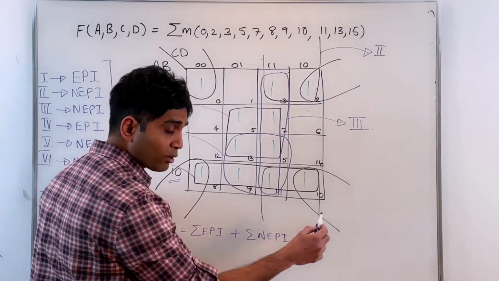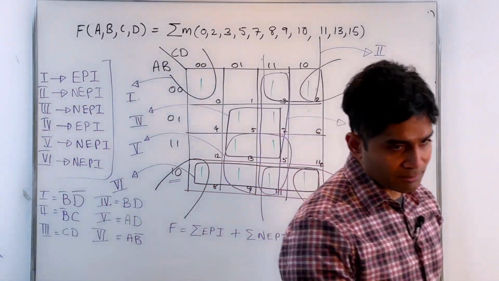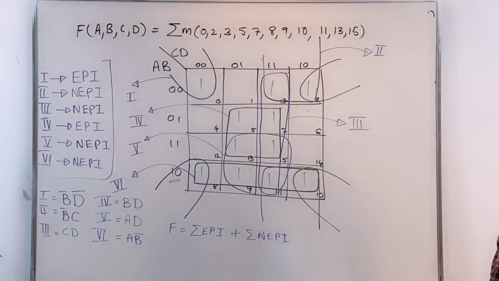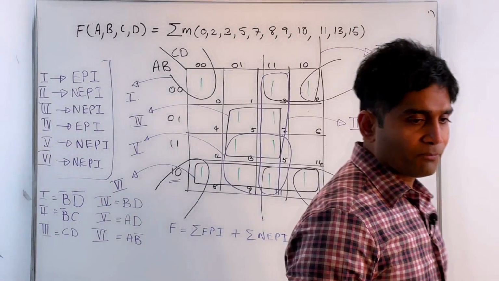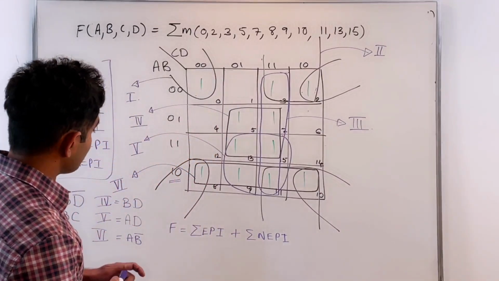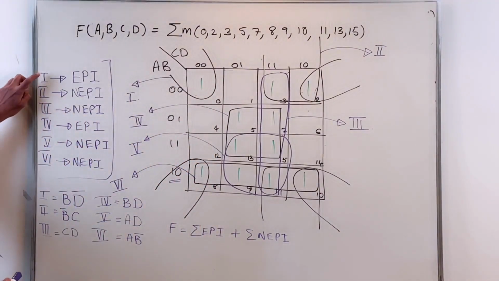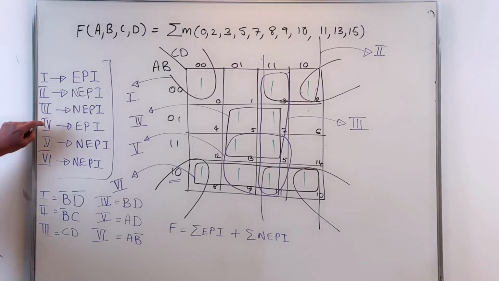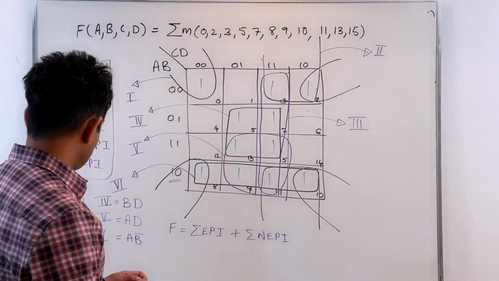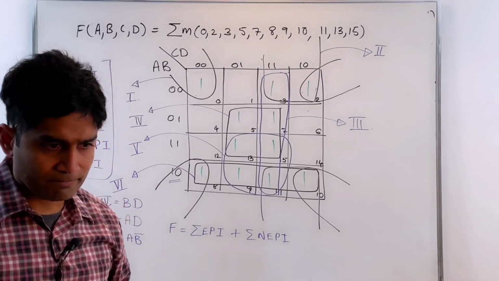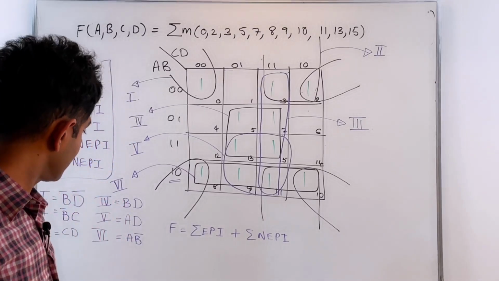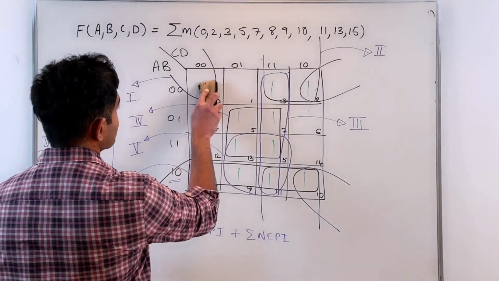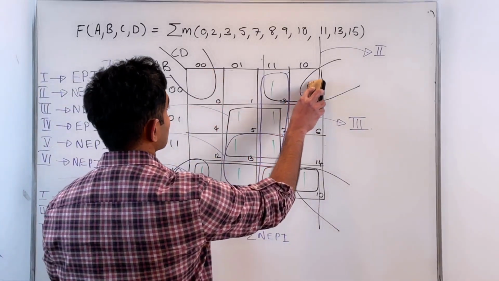I will not be choosing all of them. I'll be choosing some of them to account for all the ones. Now, what are the essential primes again? In this case, my essential primes are 1 and 4. So let me do one thing. I will change this color. That's 1, right?